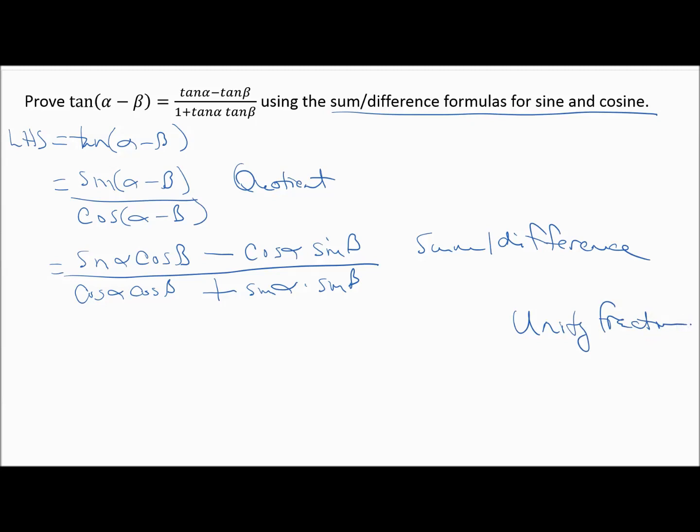Now, look at this compared to what this is supposed to equal to. Somehow, there's a 1 right there. We've got to turn this term right here, probably this term, into a 1. This term, it appears, turns into a tangent of alpha and a tangent of beta.